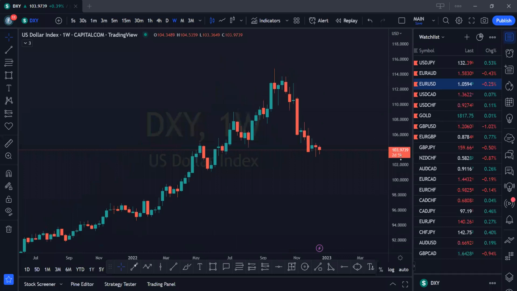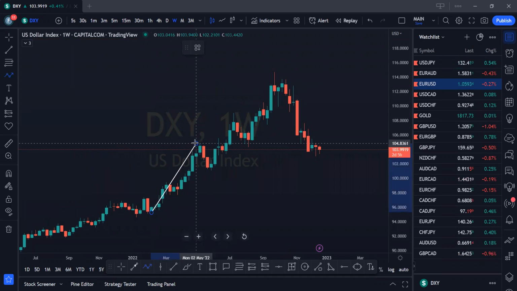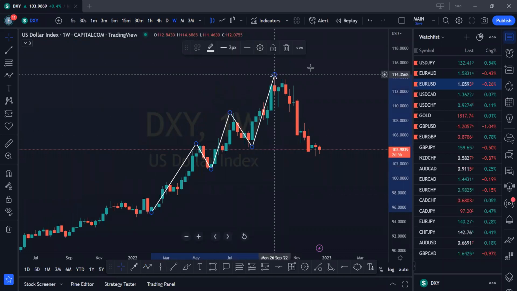Now, for those that don't know, DXY, the US dollar index, is an index to measure the strength or weakness of the US dollar. Most major pairs have an index.